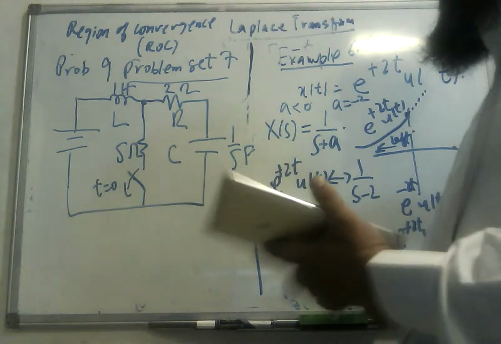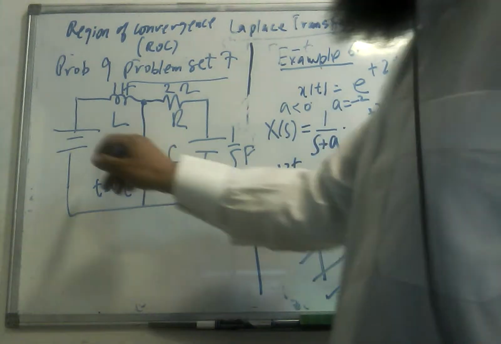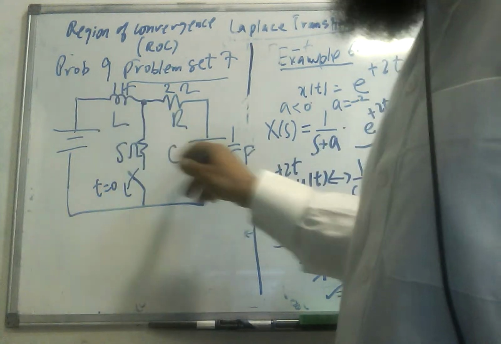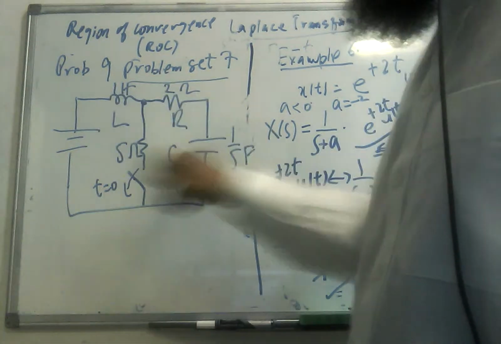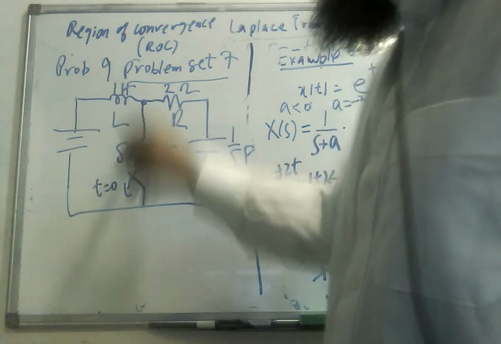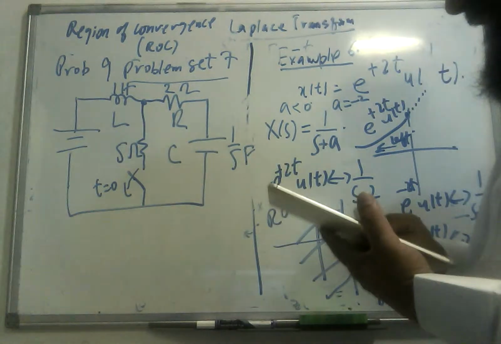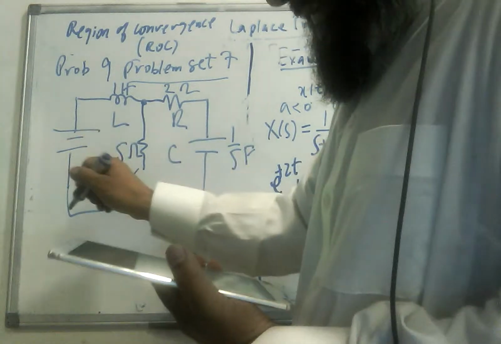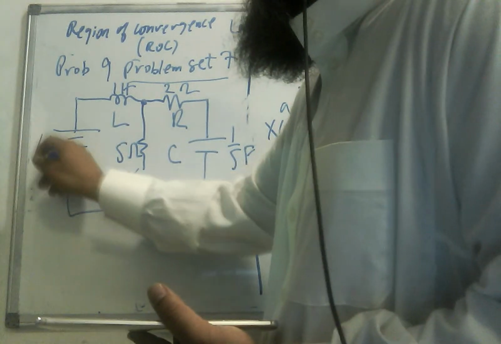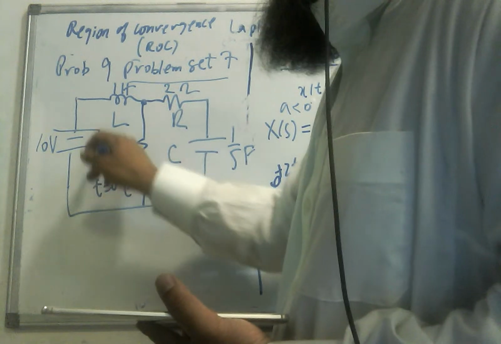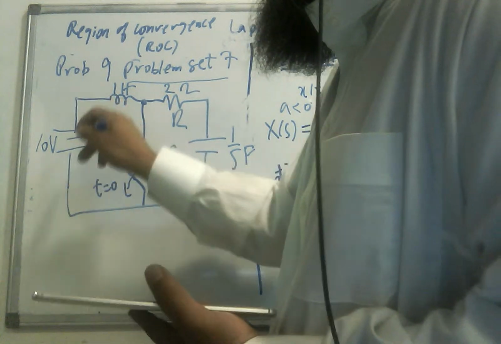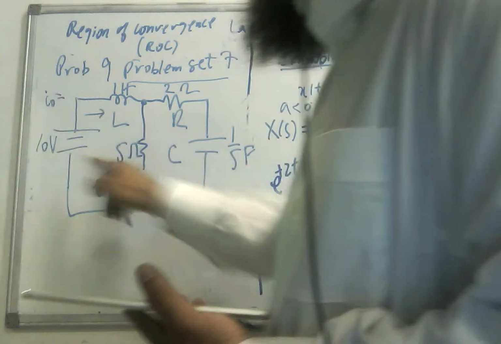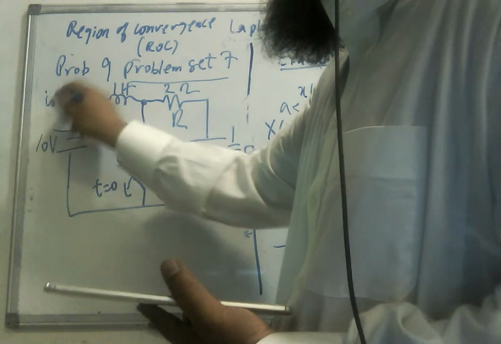Now when the switch is on, the circuit is like this. This is an open circuit because this is a capacitance and the current will not flow through it. The current will flow like this, and the initial current I naught is 10 volts divided by 5, which is 2 ampere.